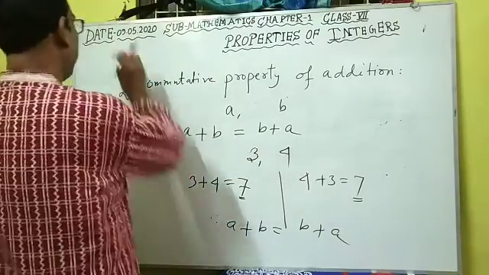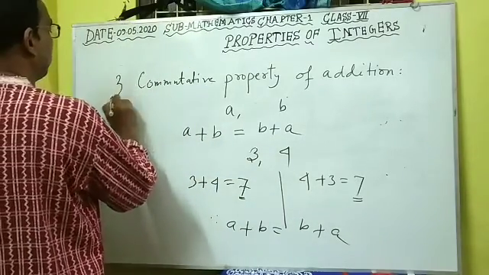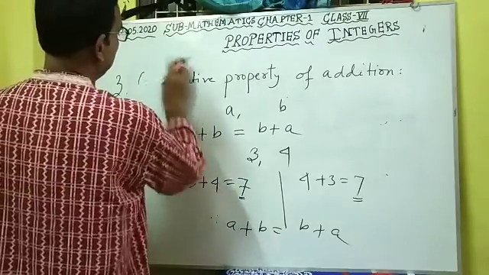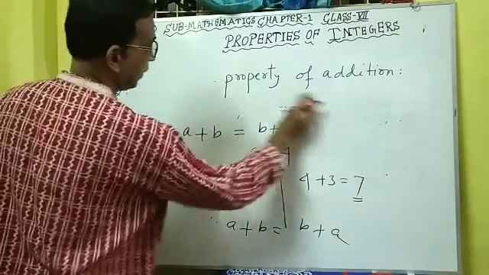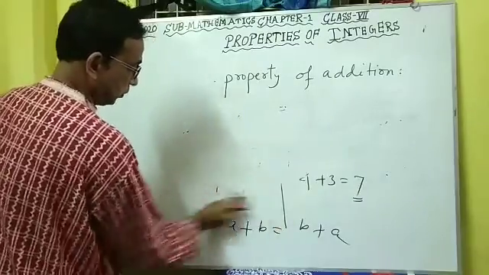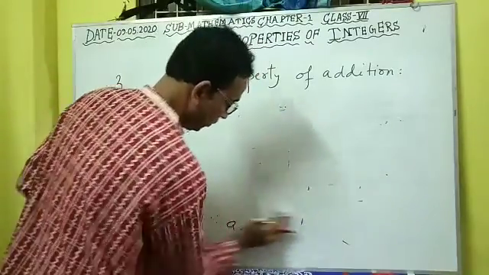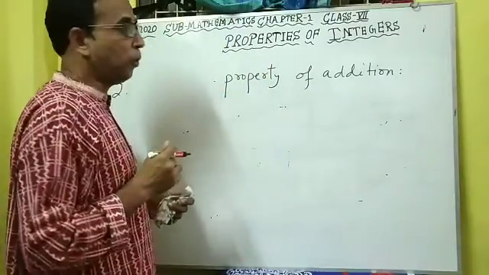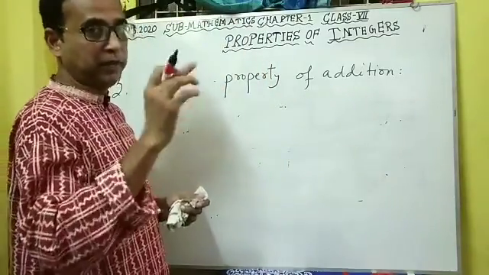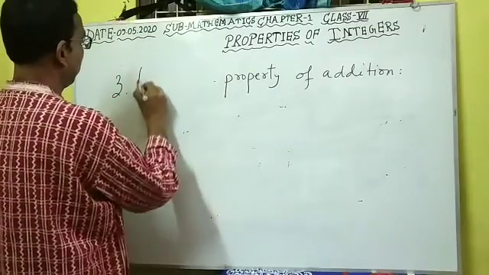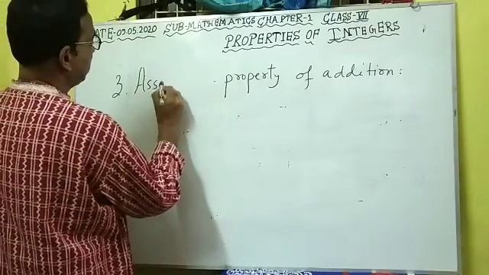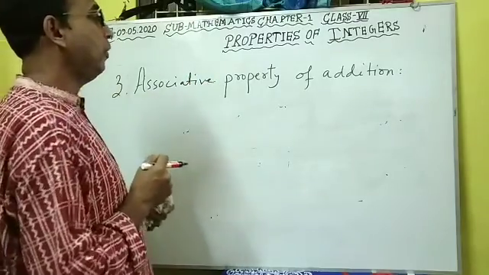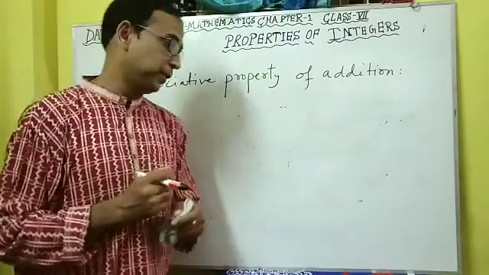The third property is associative property of addition of integers.